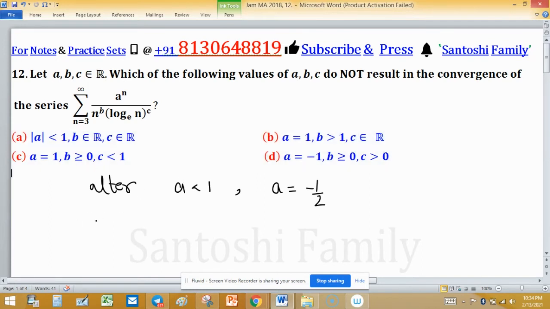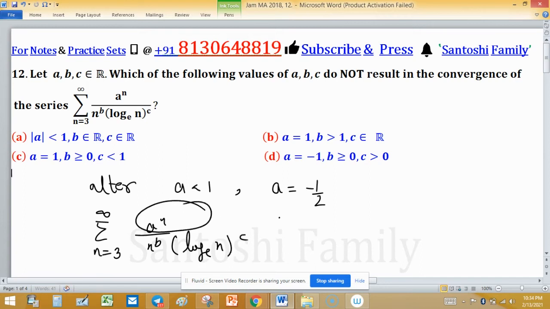This is a series, n equal to 3 to infinity, a raised to the power n, n raised to the power b, and log n raised to the power c. Always try to make the term in the numerator 1, and you can make the numerator 1 if you choose a equal to half. We are first solving option A, so a equal to half, and b and c are any real numbers.